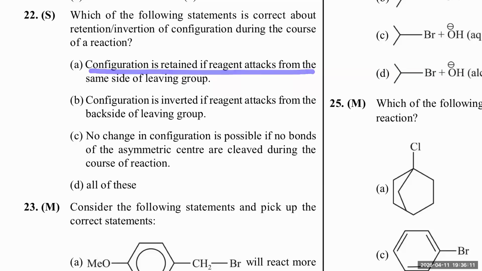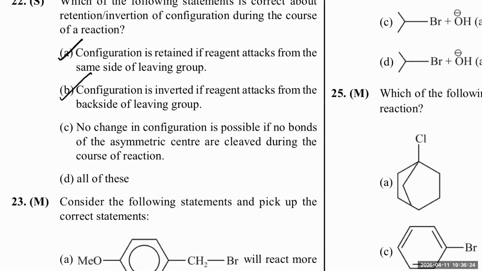Configuration is retained if the reactant attacks from the same side of the leaving group. That is true. Configuration is inverted if it is attacked from the backward. That is true. No change in configuration if the bonds of asymmetric carbon are cleaved during the course of reaction.